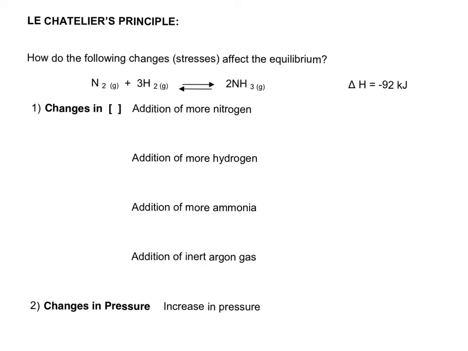Let's shift gears to Le Chatelier's principle. This is one of those topics where people either love it and they think it's very easy, or they hate it and they think it's really complicated. Let's first define what Le Chatelier's principle says.